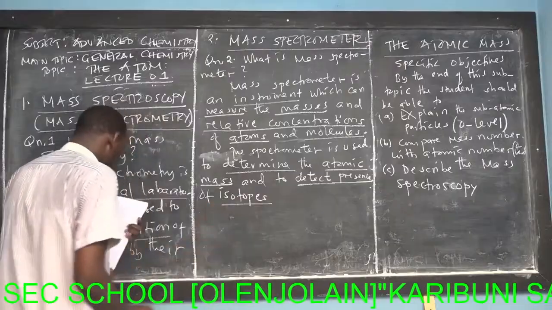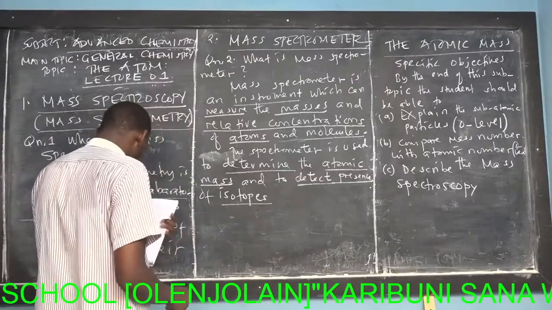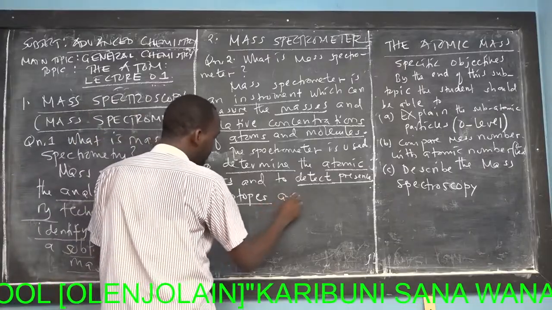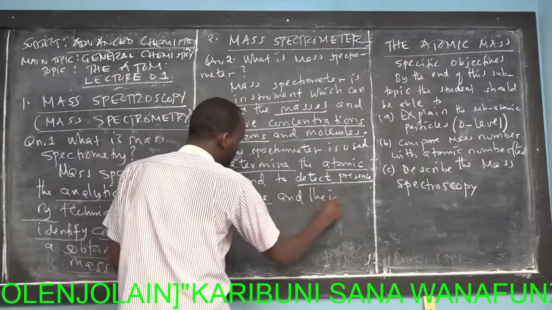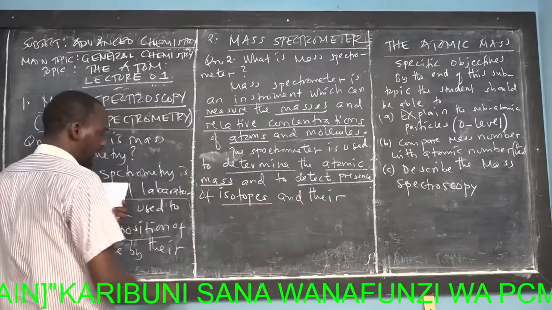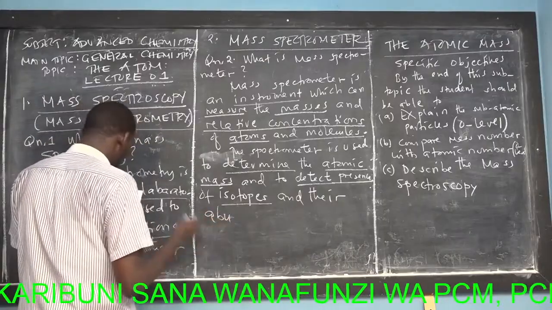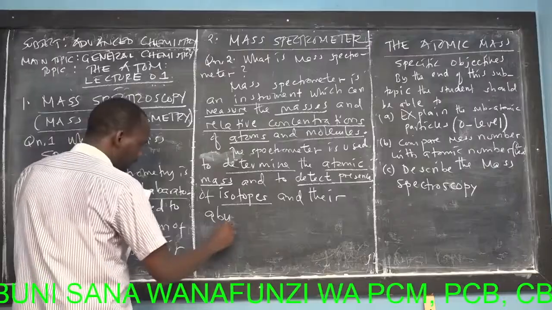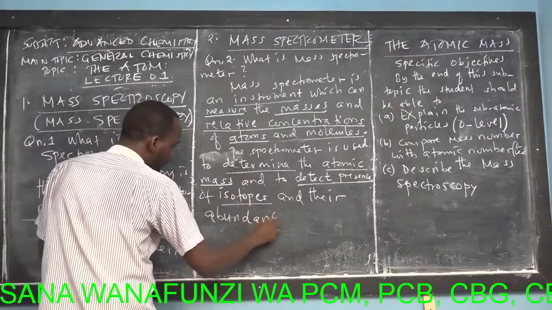Interesting. You used to study isotopes, but you didn't know how to detect them, or how the chemists determine the isotopes of carbon, abundance, or isotopes of chlorine.